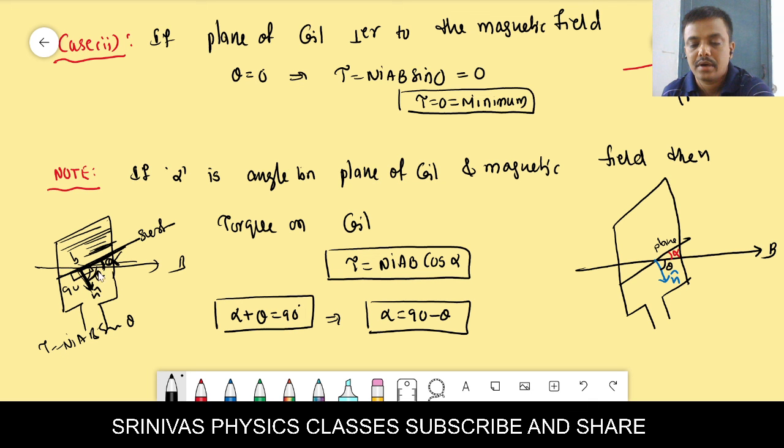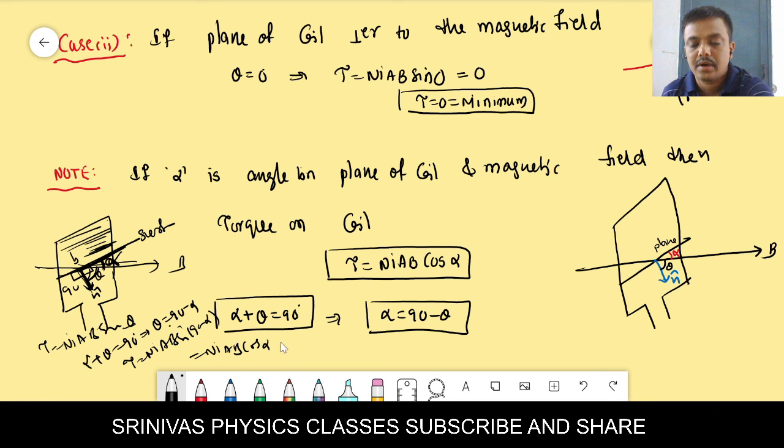This part is theta, this part is alpha. Then alpha plus theta is 90, so theta is 90 minus alpha. Substitute this in the above equation: NIAB sin of 90 minus alpha. Sin of 90 minus alpha is cos alpha. Then we get NIAB cos alpha.